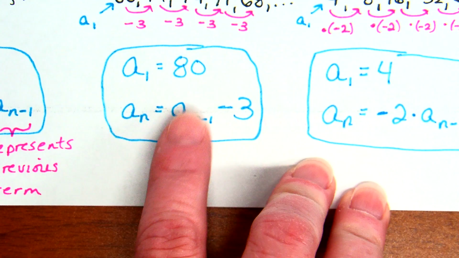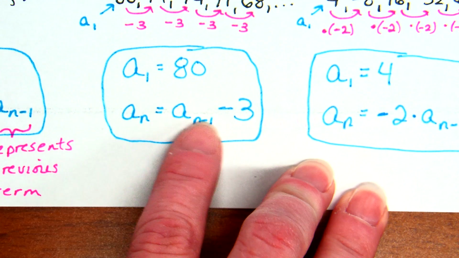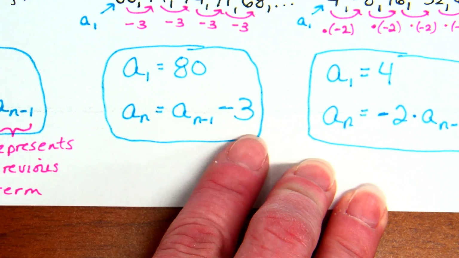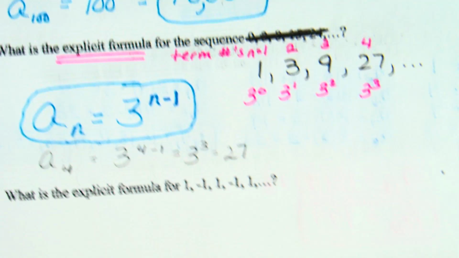With recursive, we're using that previous term, and so A of n minus 1 represents the term that comes before A of n. So if you're trying to find the 100th term, you take the 99th term and subtract 3. Whereas what we're doing today, if I ask you for the 100th term, you can just plug 100 into the formula and you don't have to know the 99th term. Does that help a little bit? Okay. Good question.